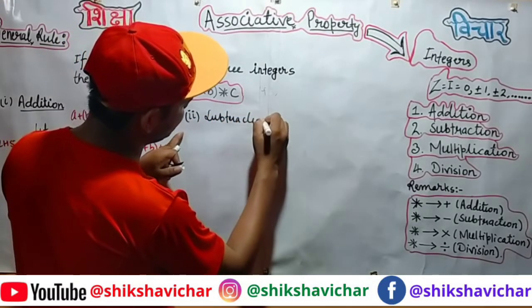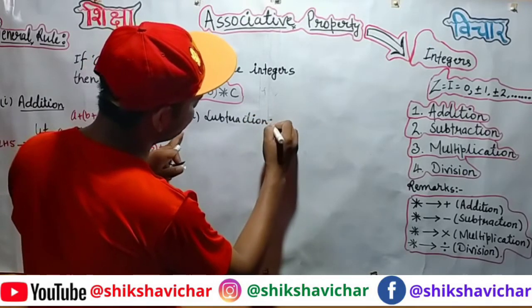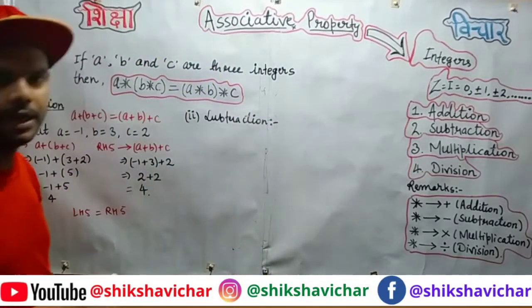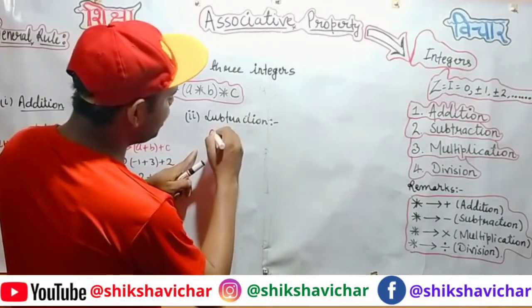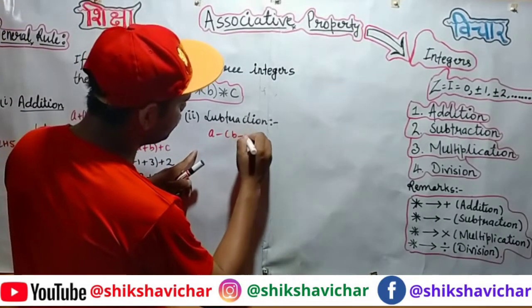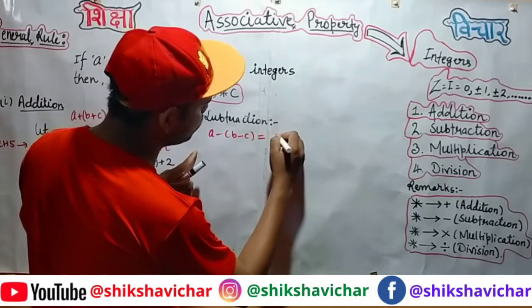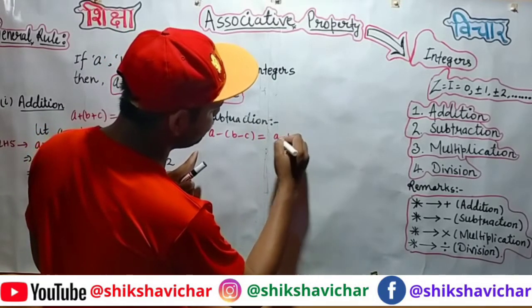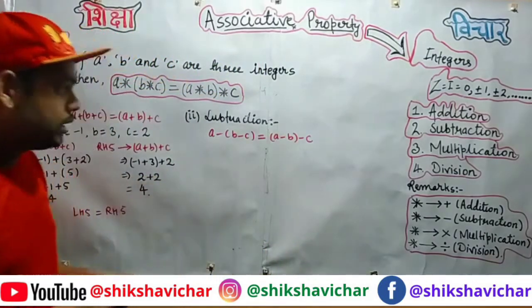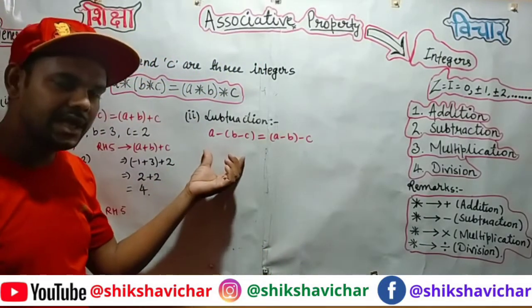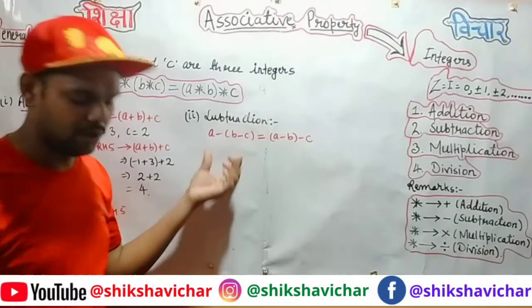So first of all, we have to discuss the rule for subtraction for the associative property. The rule says that (a - b) - c must be equal to a - (b - c). Okay, so let's check whether it is correct for integers or not.